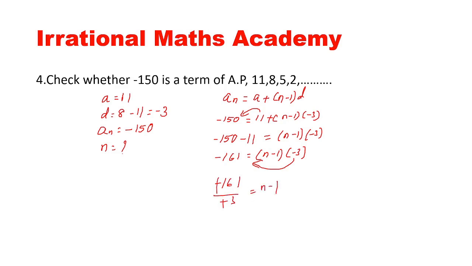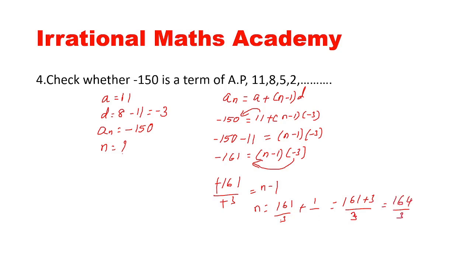If you observe here, 6 plus 1, 7, 7 plus 1, 8. Since 161 is not divisible by 3, n is not an integer. Okay, so what we get here is 161 by 3. This minus 1, if I transpose, I'll get plus 1. So this becomes 161 plus 3 by 3, 164 by 3.